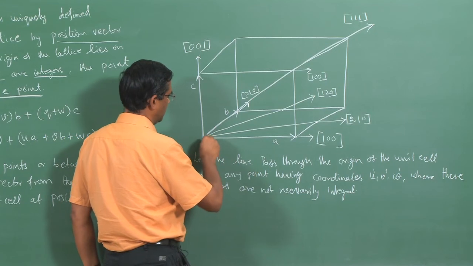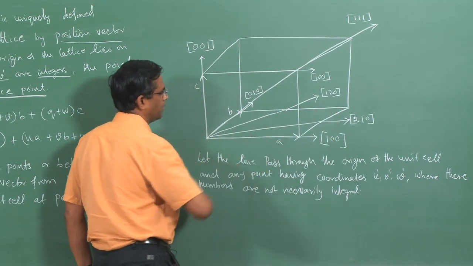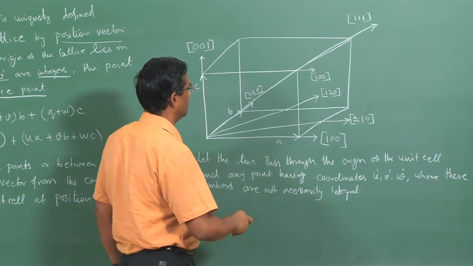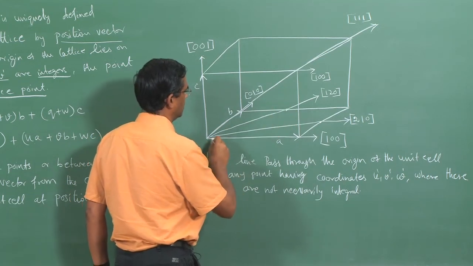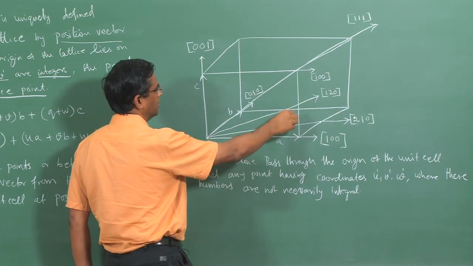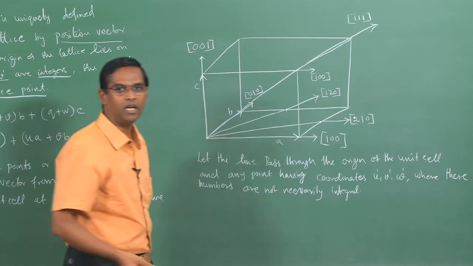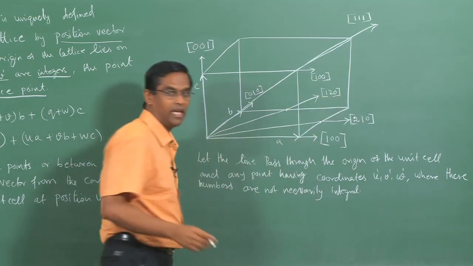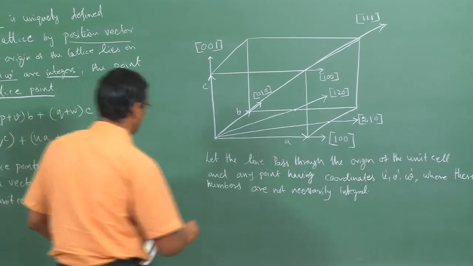We make sure that the direction is passing through the origin, and then how do we get this? The coordinates of this are 1 half and then 0, because there is no z direction. So 1 half 0 is written as 1 2 0. That means any fraction which comes, we clear it to integers, so that is what we do, right?